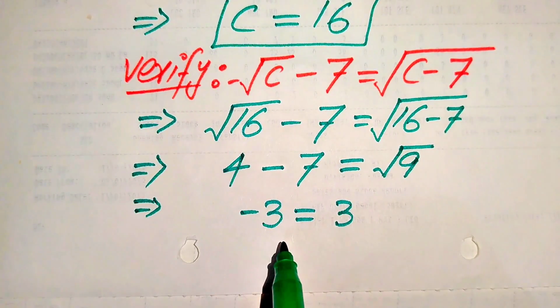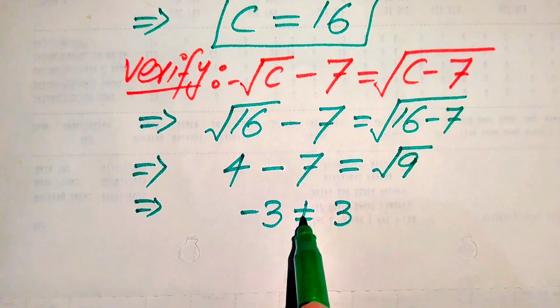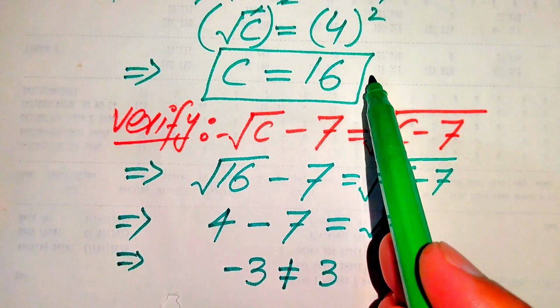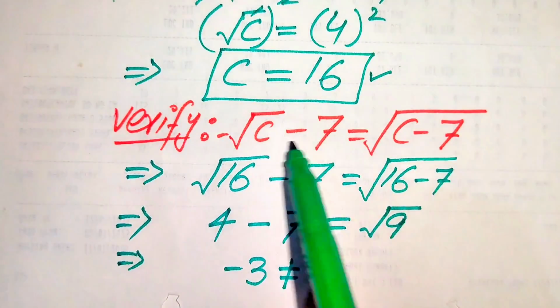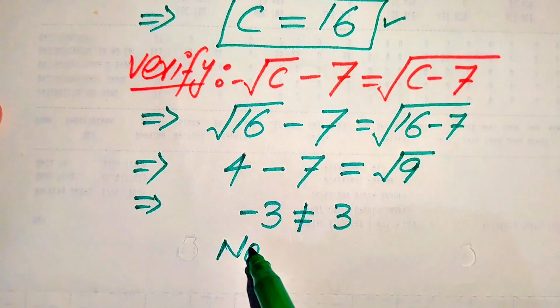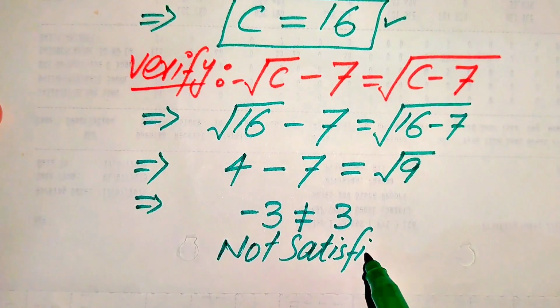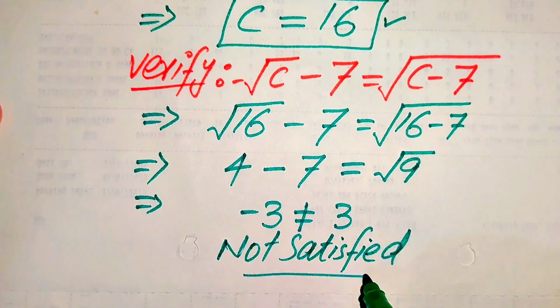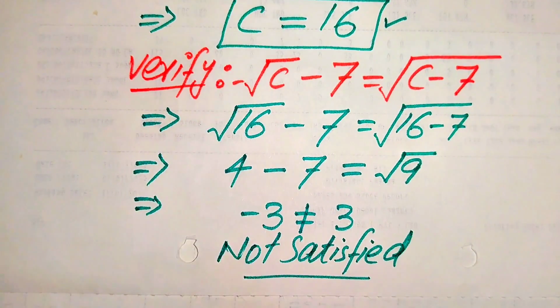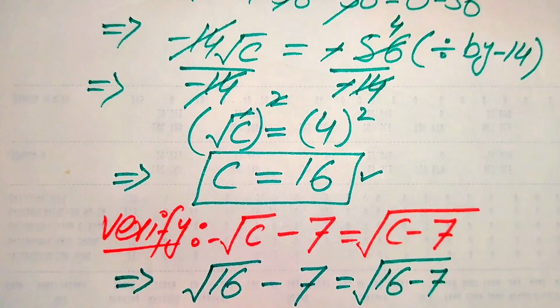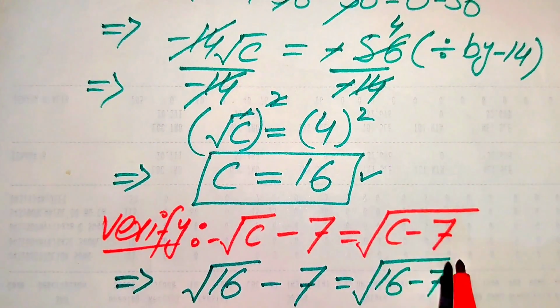And here you clearly see that minus 3 is not equal to plus 3. This means that the value c equal to 16 does not satisfy our given question statement. So here we can just write that it does not satisfy our given question statement. If this does not satisfy our given question statement, it means that c equal to 16 is not the solution of the given equation.